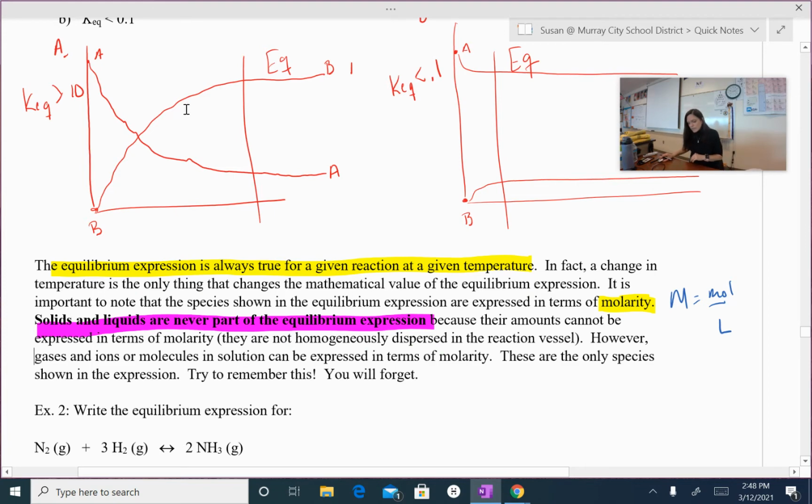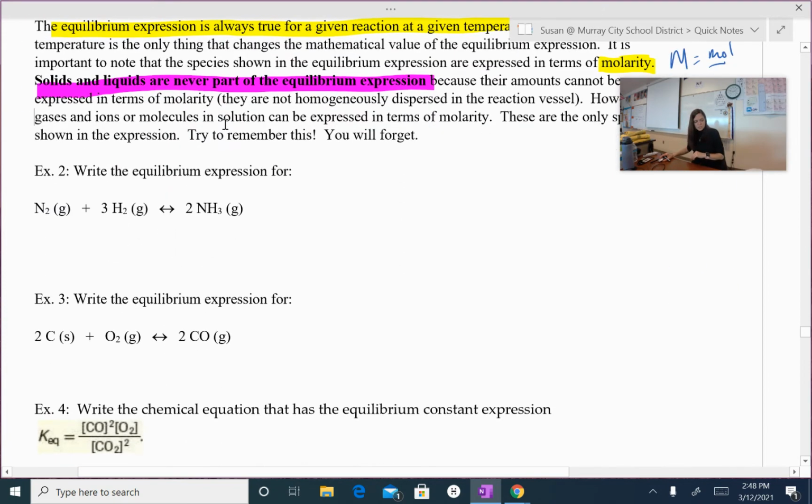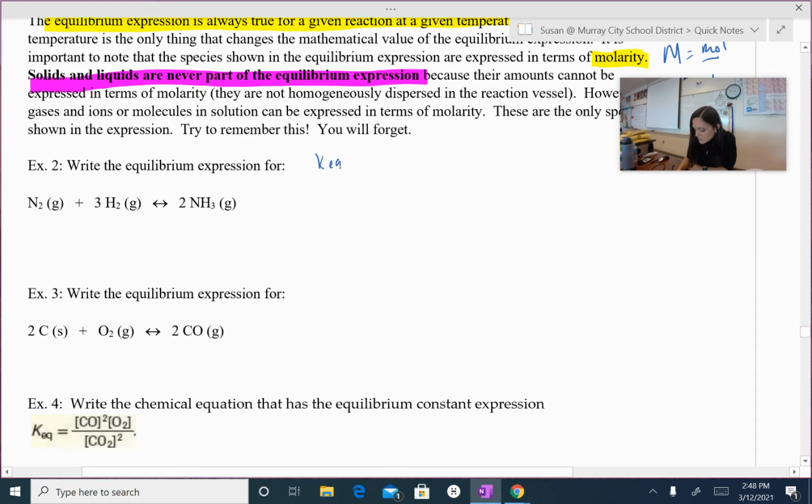Okay, so we're going to write the equilibrium expression here. Now remember, when we write equilibrium expressions, we have our products to the exponent that the coefficient is, over our reactants to the exponent that they have, okay?